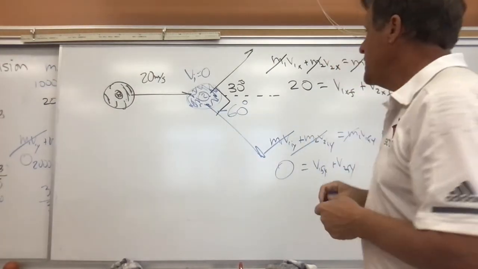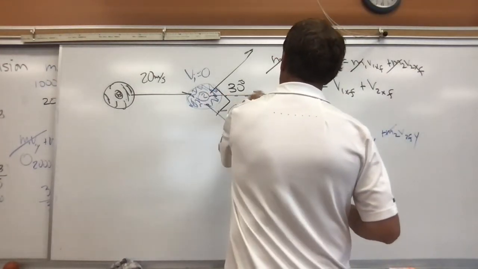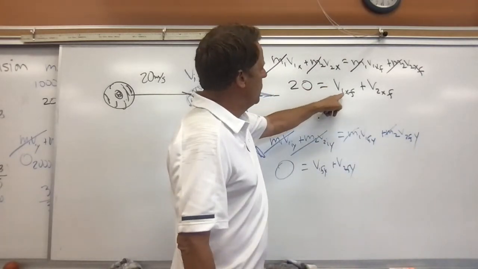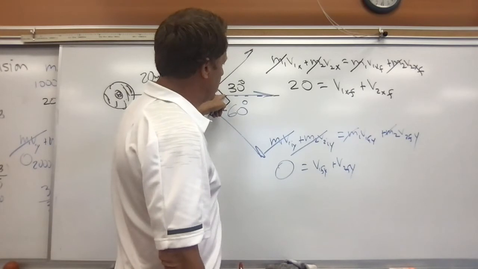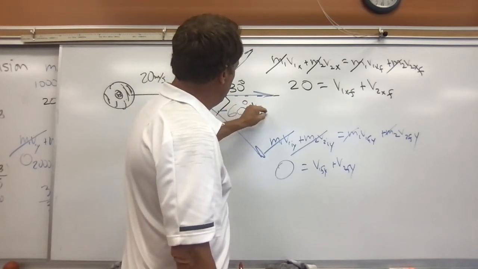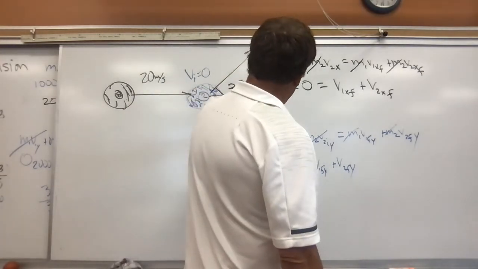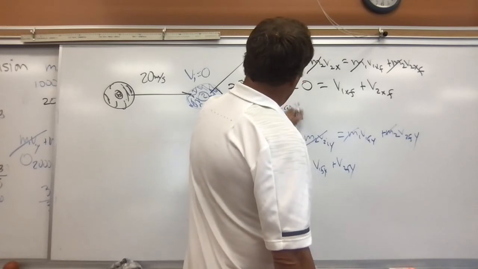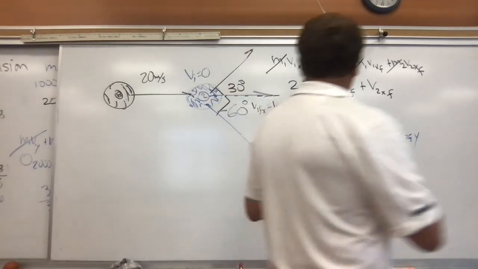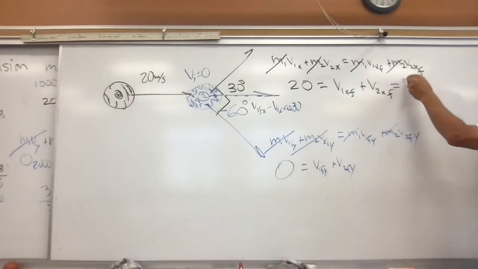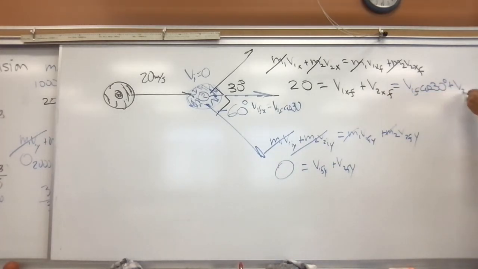And now, it appears that we have four unknowns. But we know that, for example, v1 final in the x direction is equal to v1 final cosine 30 degrees. And for the same reason, we're going to have v2 final cosine of negative 60 degrees.